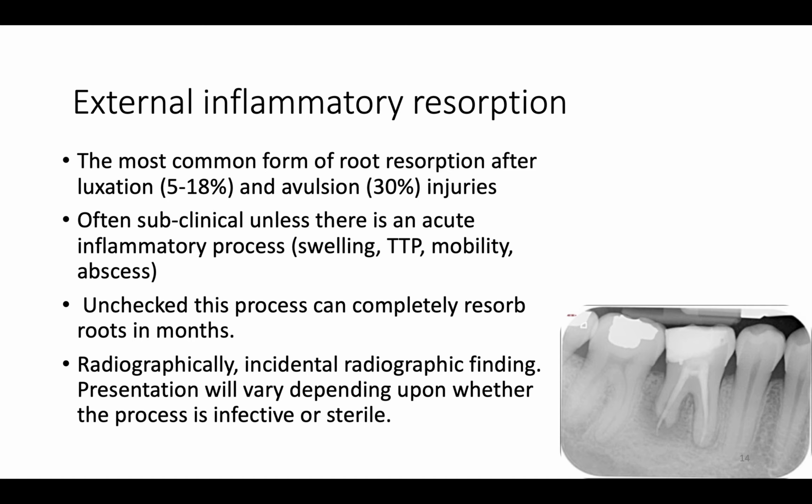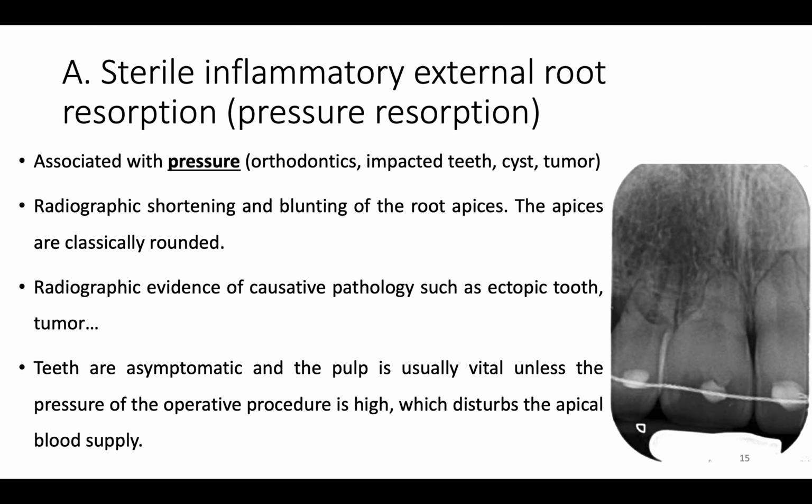On radiographs, it is an incidental finding, and depending on whether the process is inflammatory or sterile, the presentation on radiograph will be different. So let's have a look at the sterile external inflammatory resorption and the infective external inflammatory resorption.